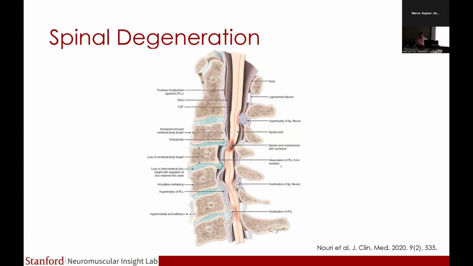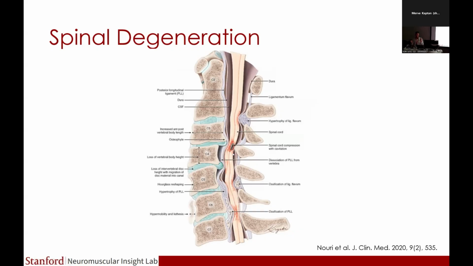And in addition to that, it's not just the discs or the bone, but also these ligaments that surround the spine as well. So here are examples of hypertrophy of the posterior longitudinal ligament, as well as ossification and hypertrophy of the ligamentum flavum.